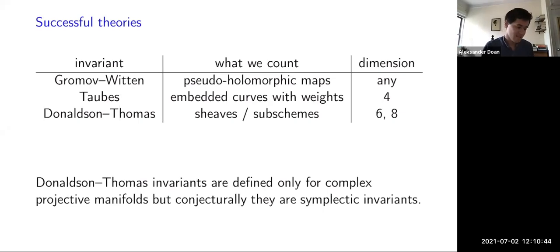But in some sense, these subschemes are in the category of algebraic geometry, they are embedded objects. They can have multiplicities and so on, but you really think of them as something sitting inside your manifold and not being parametrized by a map.